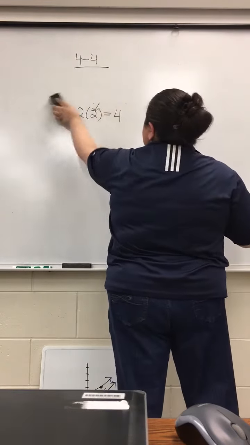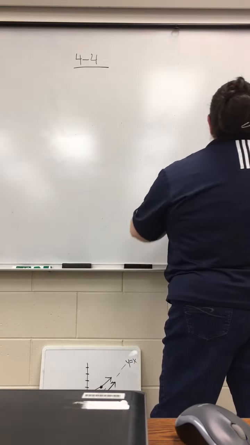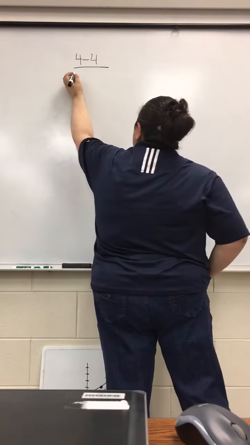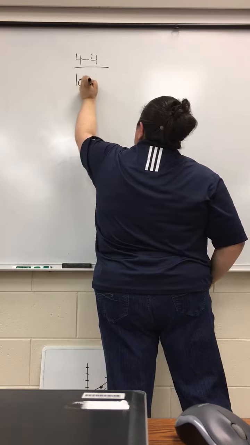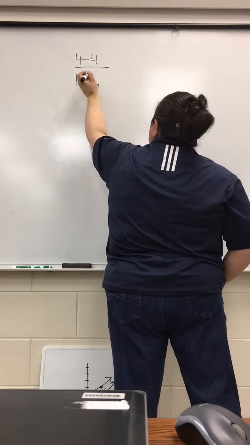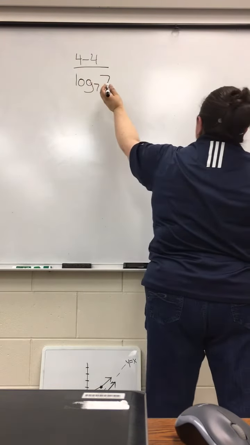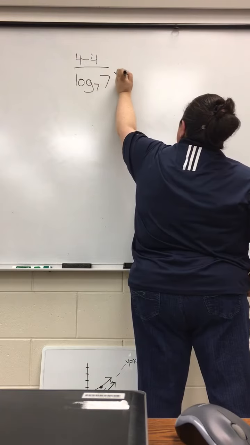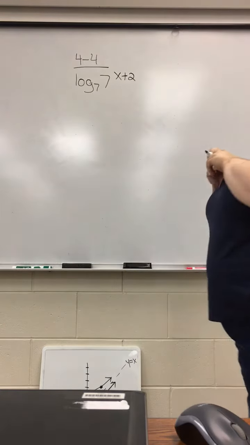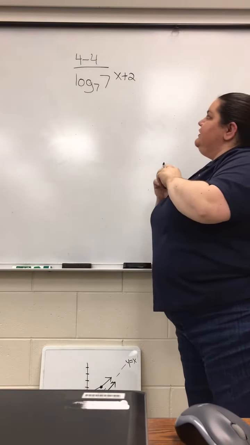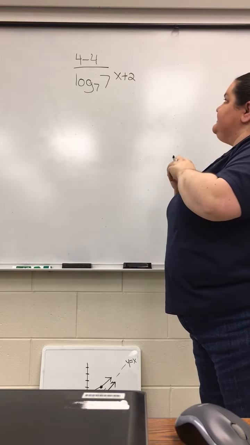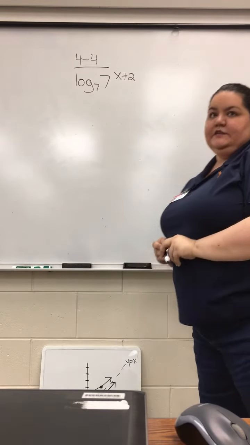And last but not least, we are going to do log base 7 of 7 to the x plus 2. So we have log base 7 of 7 to the x plus 2. So your x plus 2 is the exponent this time.